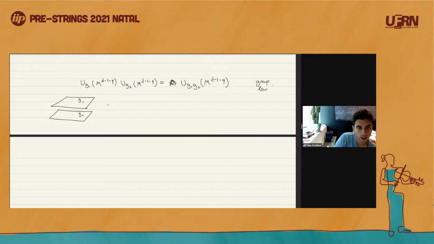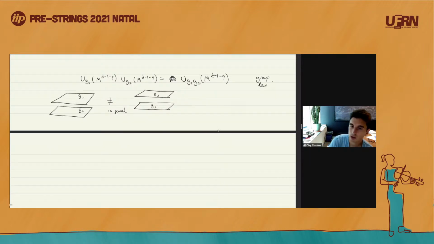So this is not equal in general to this. They could be equal if the group is abelian, but it need not be. This is the ordinary symmetry case, codimension 1.